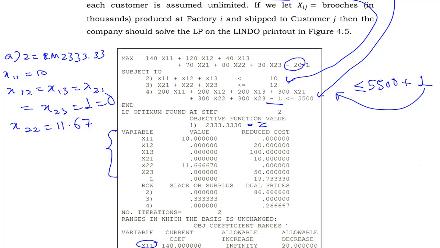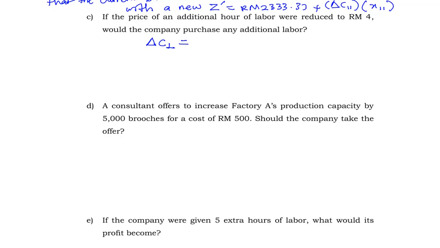Now it is reduced to 4, meaning minus 4, the cost. So the new one is minus 4, the original one is minus 20, so the change is equal to 16.